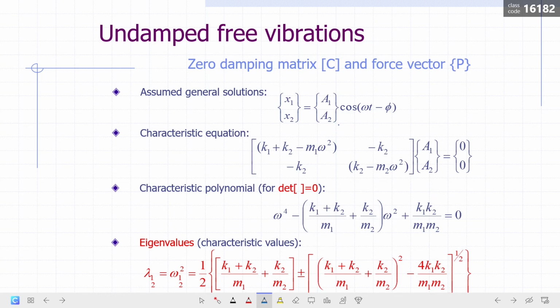But in this case, we consider the case that the root of characteristic equation has complex number, then the exponential form can be represented by trigonometric function like cosine. So we take this general solution.